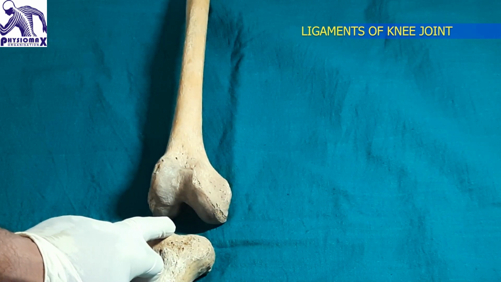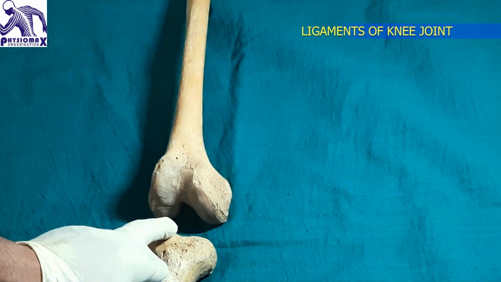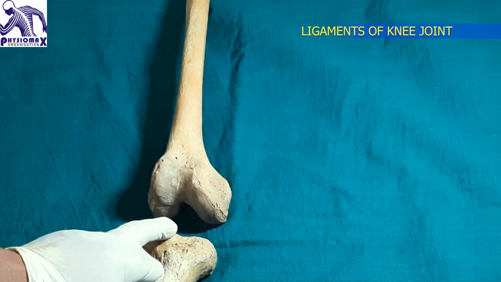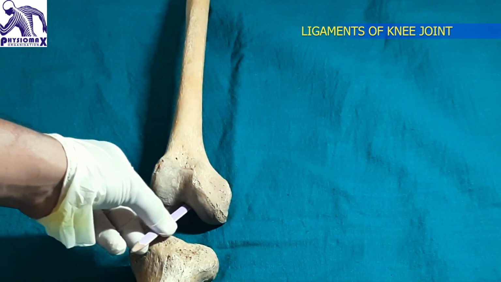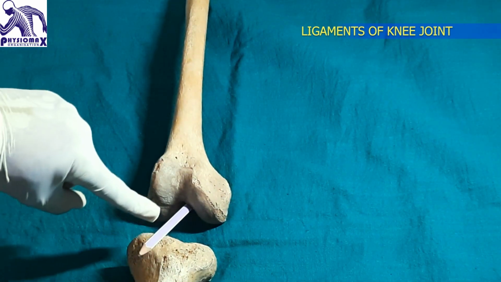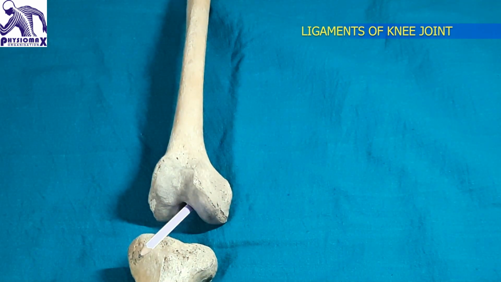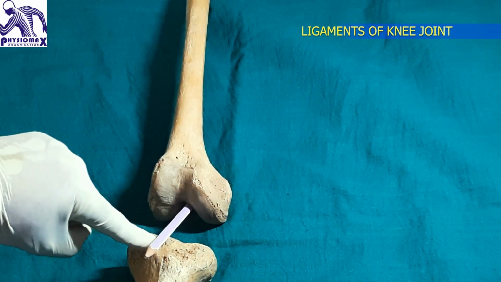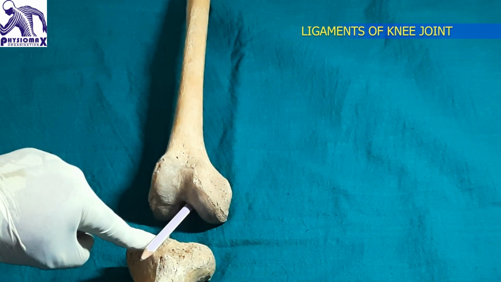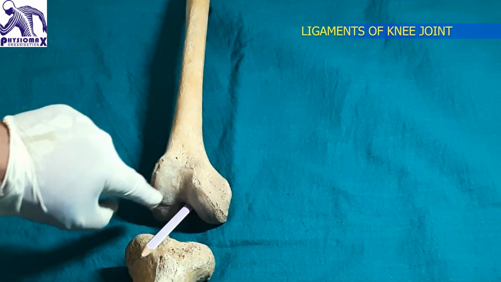As by the name, both the ligaments are crisscrossed to each other, that's why it's named cruciate. So this ligament starts from the anterior aspect of the tibial plateau, and like this it directly goes to the posterior aspect of the femoral condyle. Once more to repeat, the anterior cruciate ligament starts from the anterior aspect of the tibial plateau and goes towards the posterior aspect of the femoral condyle.